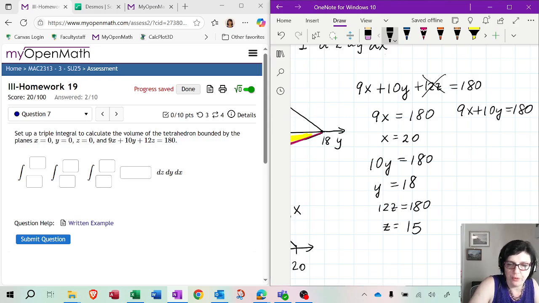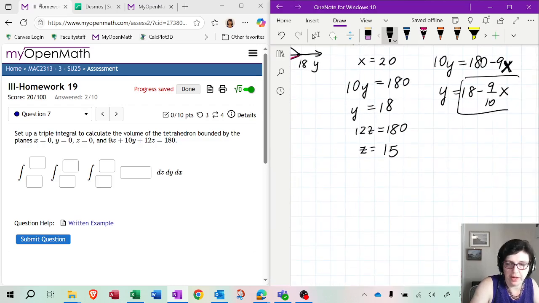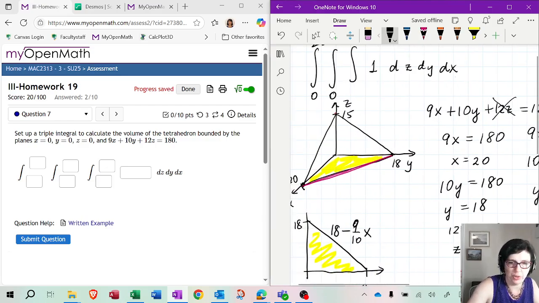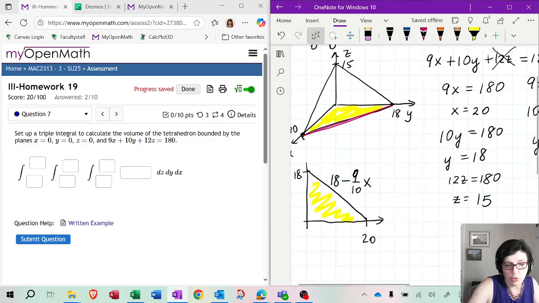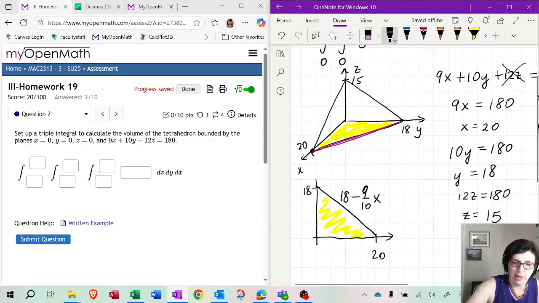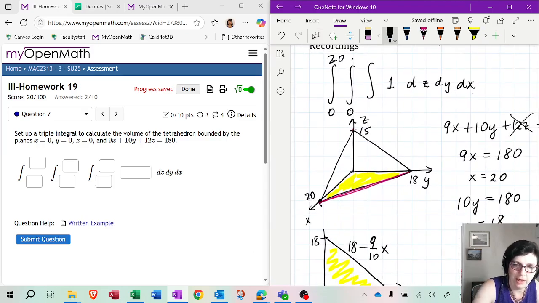Solving for y, you get 10y equals 180 minus 9x, and dividing by 10, you get 18 minus 9/10 x. So either way, you can find the middle limit by setting z equals 0 and solving for y, or you can do it geometrically by looking at the y-intercept and the slope, making sure you understand that the slope is negative. So this is 18 minus 9/10 x.